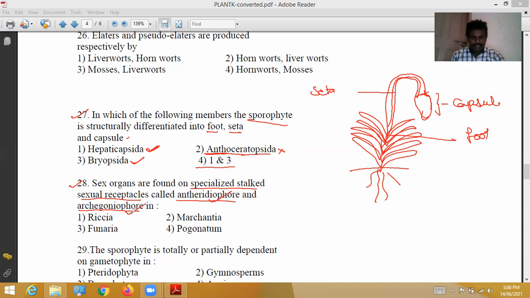These are commonly found in, see here, Riccia. In Riccia this kind of sexual receptacle is not found, so option 1 is wrong.